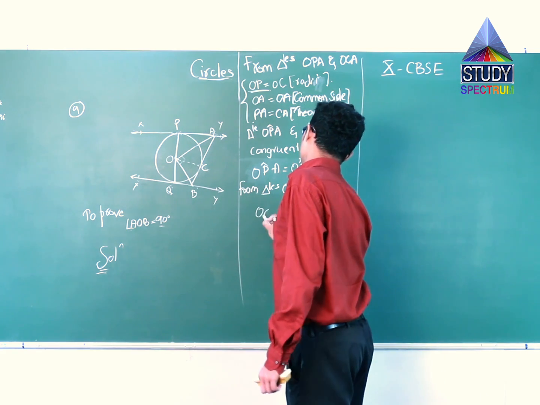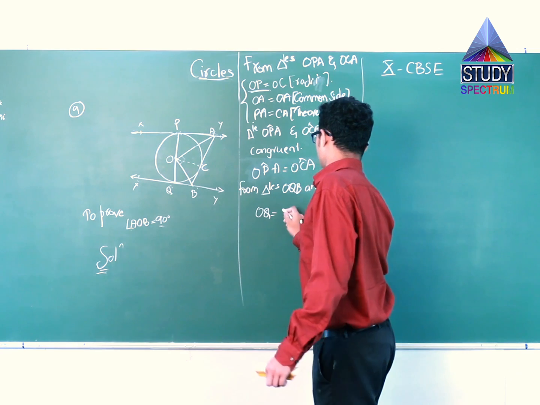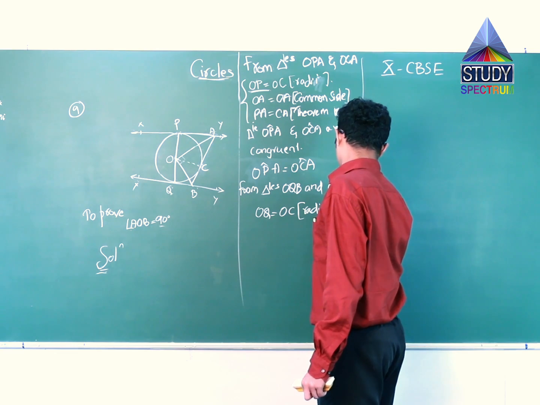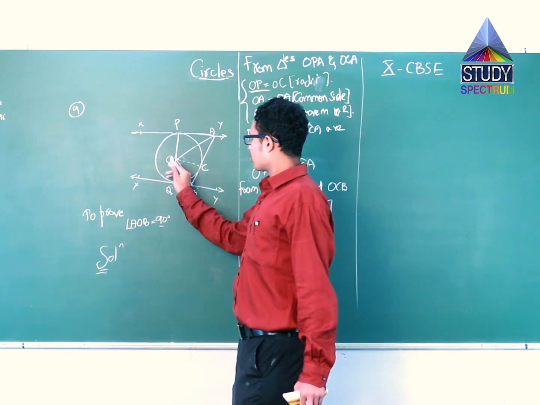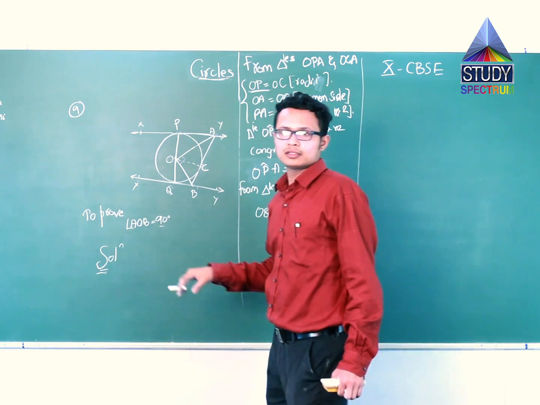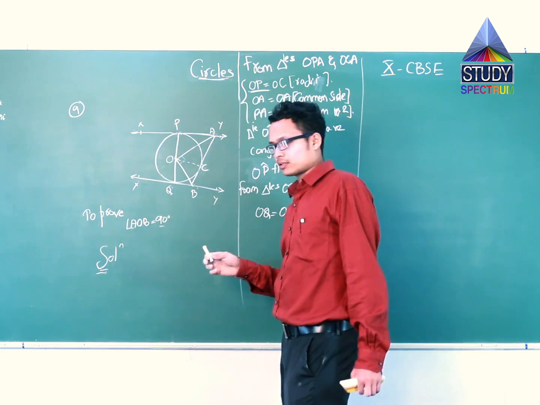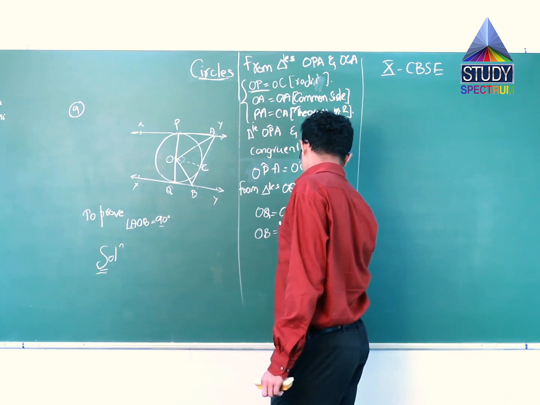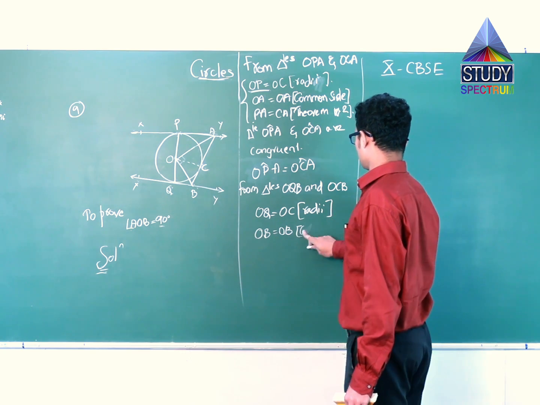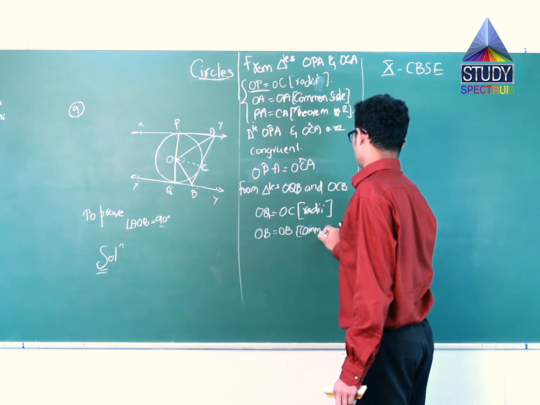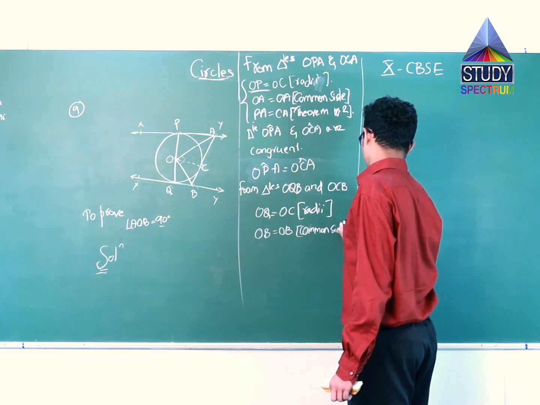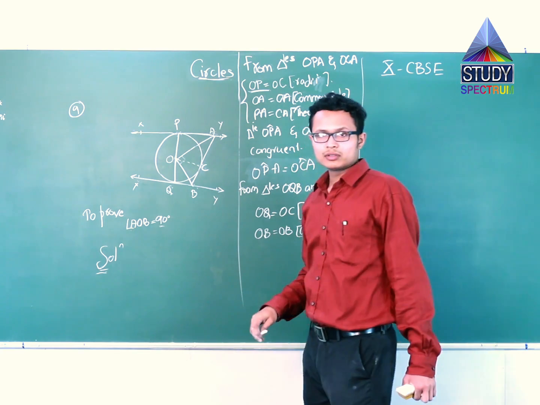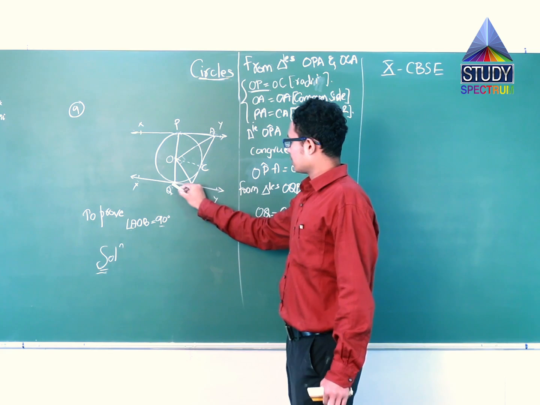So I write OQ is equal to OC, radii. Similarly, OB is a side common to both the triangles, so it will be of equal length in both cases. So OB is equal to OB, common side. And what is left out? This side is left out.